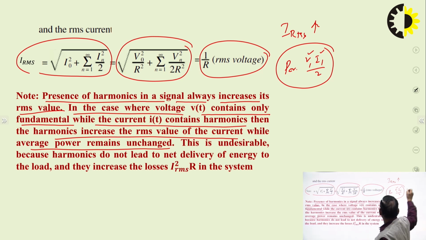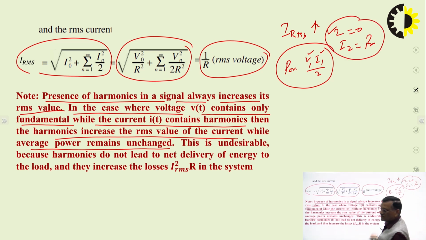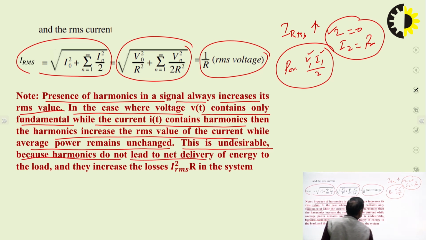Suppose for the second harmonic, V2 is 0 but I2 is present, then the power will be 0, no power is transferred to the load. So this is undesirable, because harmonics do not lead to net delivery of energy to the load, and they increase the losses.